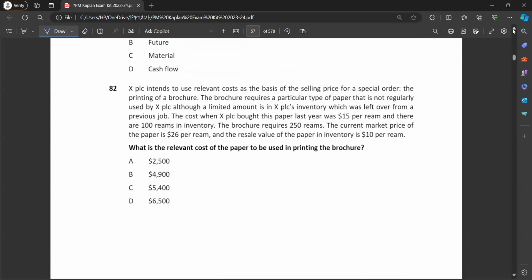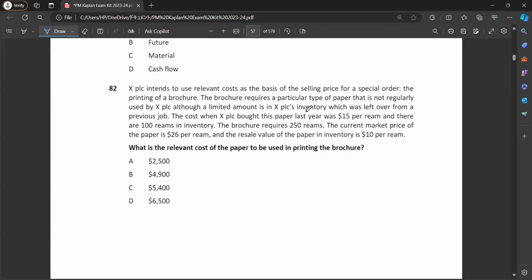So it says that XPLC intends to use relevant cost as the basis of the selling price for the special order, the printing of a brochure. The brochure requires a particular type of paper that is not regularly used by XPLC, although a limited amount is in XPLC's inventory, which was left over from a previous job.